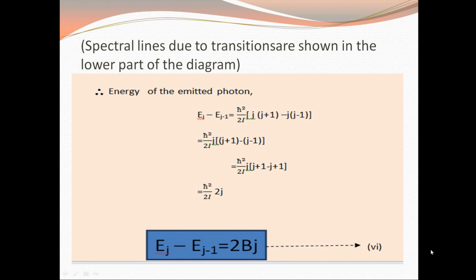Now come to the next part of it, the energy of the emitted photon. How much is this? For that you have to subtract the energy of the j minus 1th level from the energy of the jth level, Ej. Then what we find is equal to 2BJ.